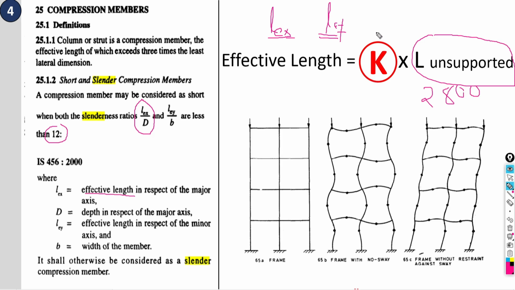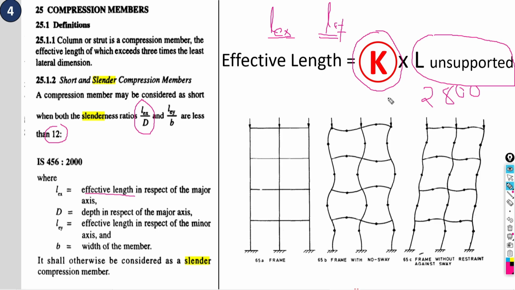Now what does this K mean? My dear friend, I would like to have your concentration here. This is the most important term, deciding the overall design of your column. This is the only term which adds complication in your design, and it is critical to find out.